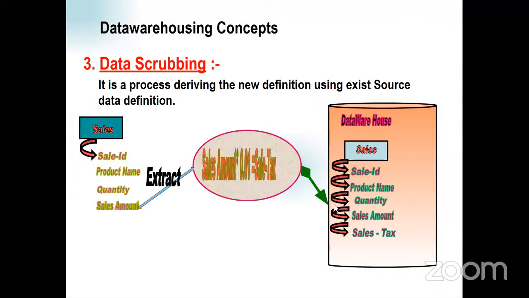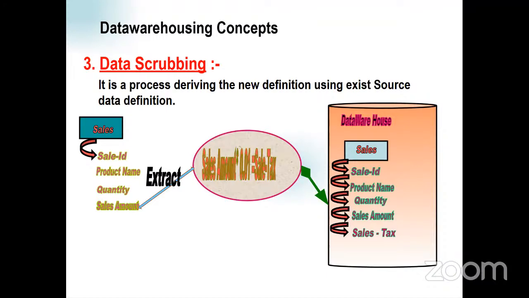And scrubbing. So what is the scrubbing? Normally we have sale ID, product name, quantity, sale amount, and I need a sales tax. Whenever an invoice is generated, for example, if you walk into any retail outlet, they will generate the invoice for you, and you will pay the bill along with the taxes.